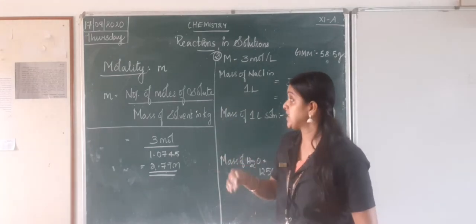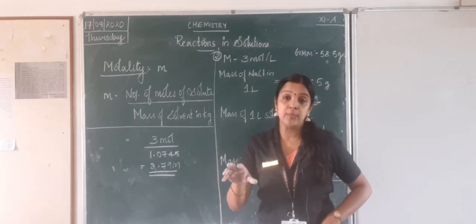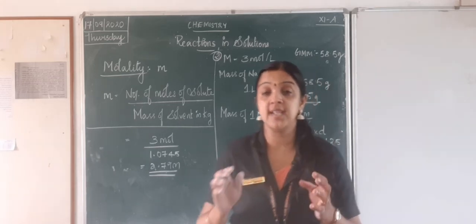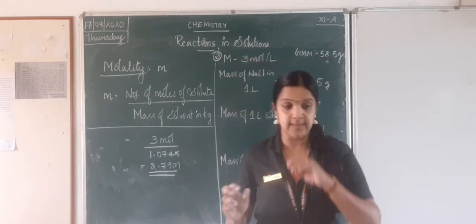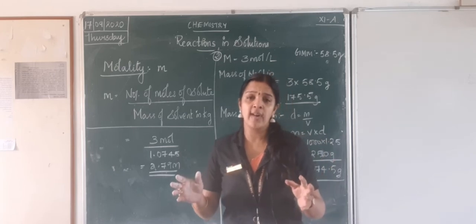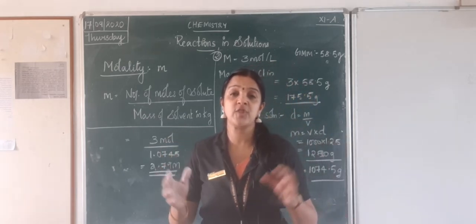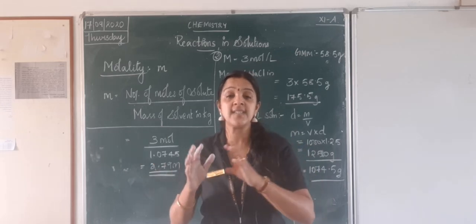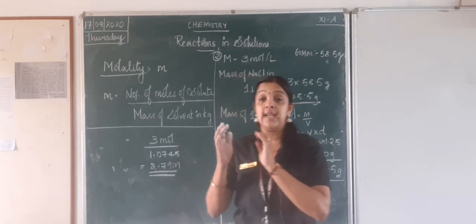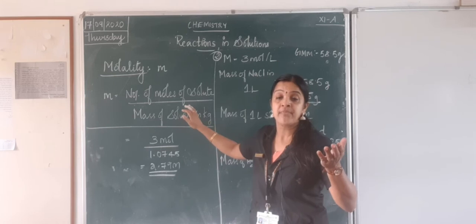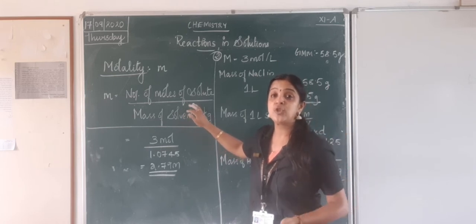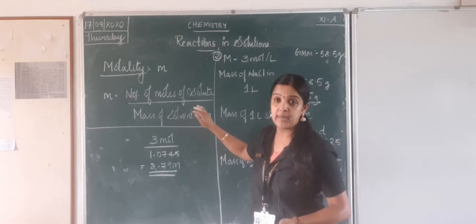What is molality? Something that is similar to molarity, but in molarity we were focusing on solution. See children, not only molarity, when you take mass percentage, when you take mole fraction, whichever you take, you consider the solution part in your denominator.